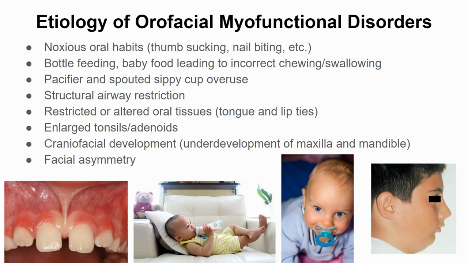Now, some causative factors include, but are not limited to, noxious oral habits, such as thumb sucking, nail biting, etc., bottle feeding, baby food leading to incorrect chewing and or swallowing, pacifier and spouted sippy cup overuse, structural airway restriction, restricted or altered oral tissues such as tongue or lip ties, enlarged tonsils and or adenoids, craniofacial development, so underdevelopment of the maxilla and the mandible, and facial asymmetry, to name a few.